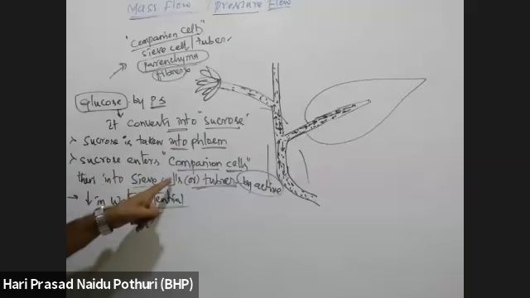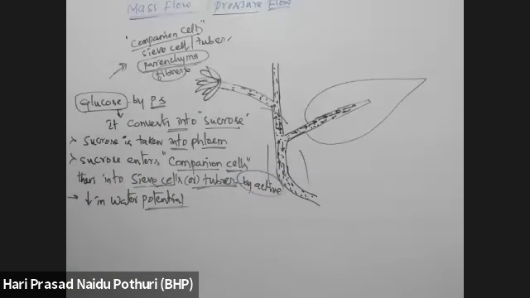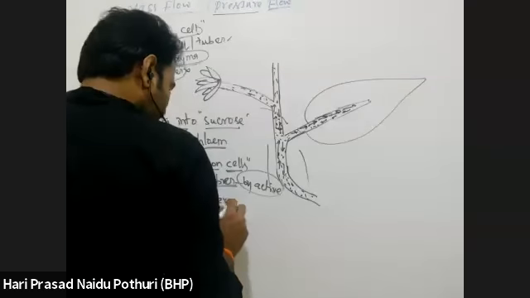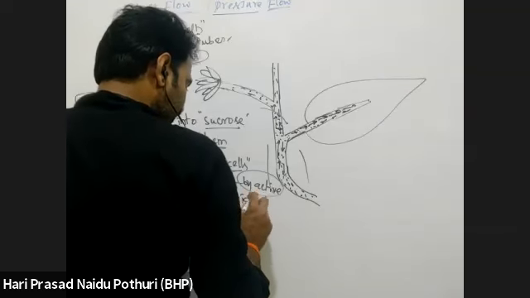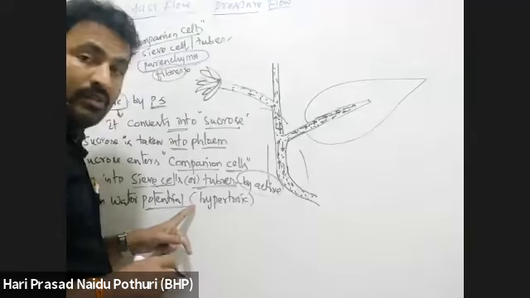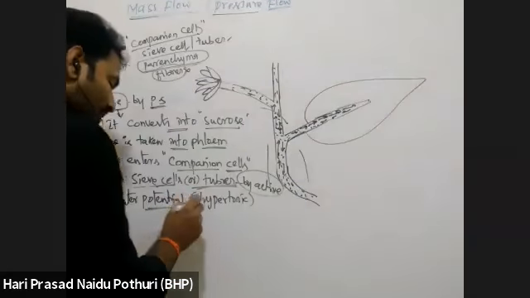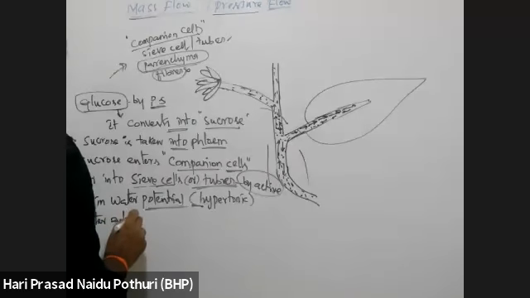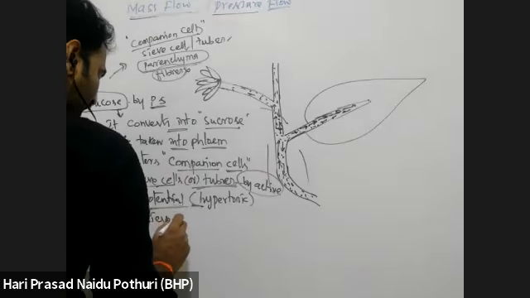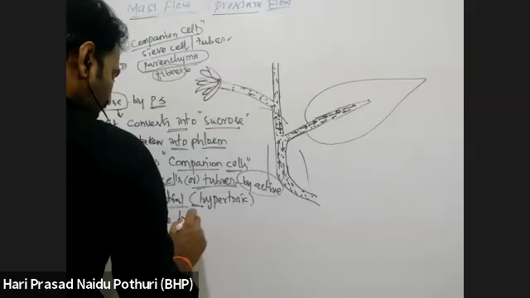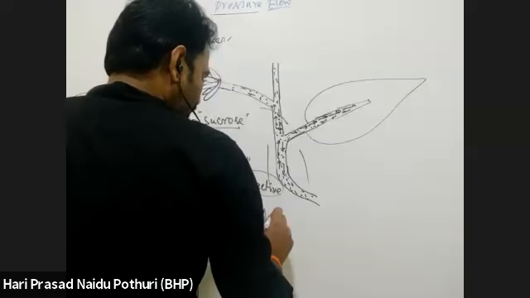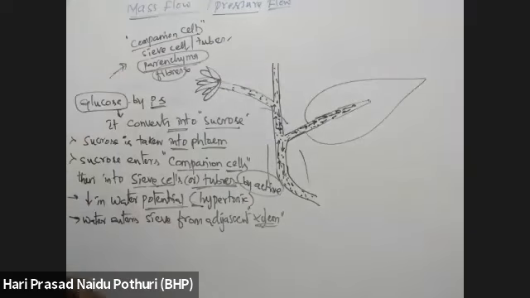As sieve cells take this sucrose, water potential decreases, which creates a hypertonic condition, meaning more solutes are present. Water potential is decreasing, so water enters the sieve elements from the adjacent xylem, because phloem and xylem are both present in a vascular bundle.